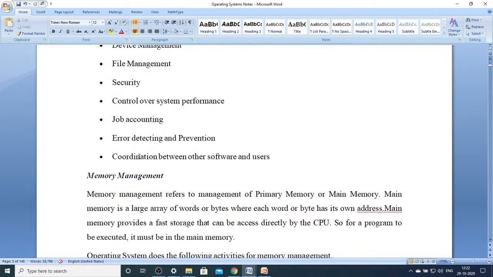So communication is also one of the important services of any operating system. And we have the shared memory technique and the message passing technique. These are the two techniques used by any operating system to ensure smooth communication.